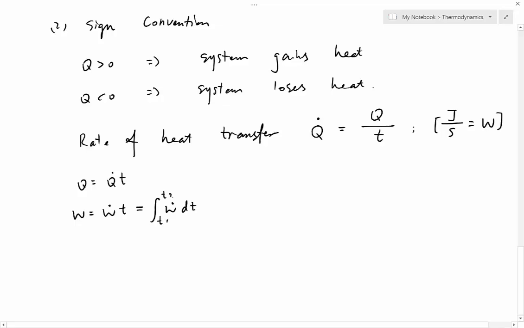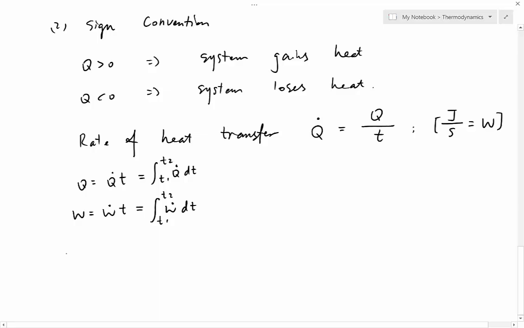from t1 to t2. And same thing happens for heat transfer. If Q dot, which is heat transfer rate, is not a constant, what you do is the same. You change multiplication into integration. So it becomes the integral of Q dot times dt from t1 to t2. Okay?